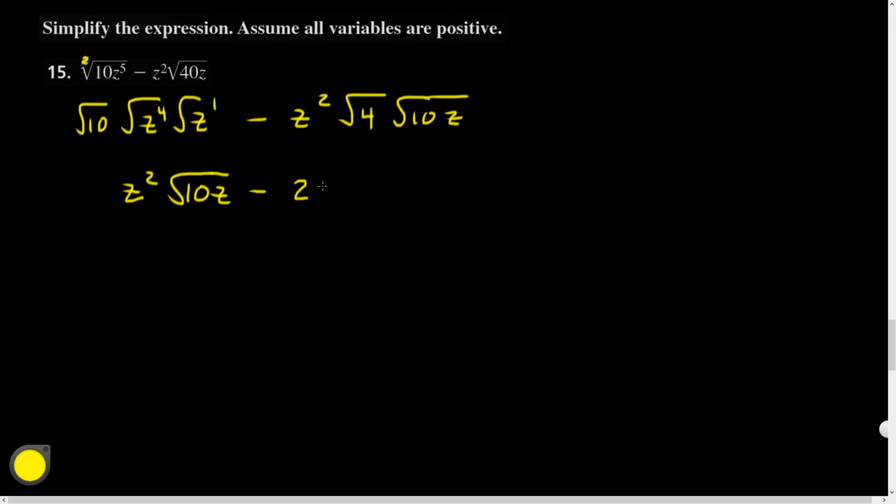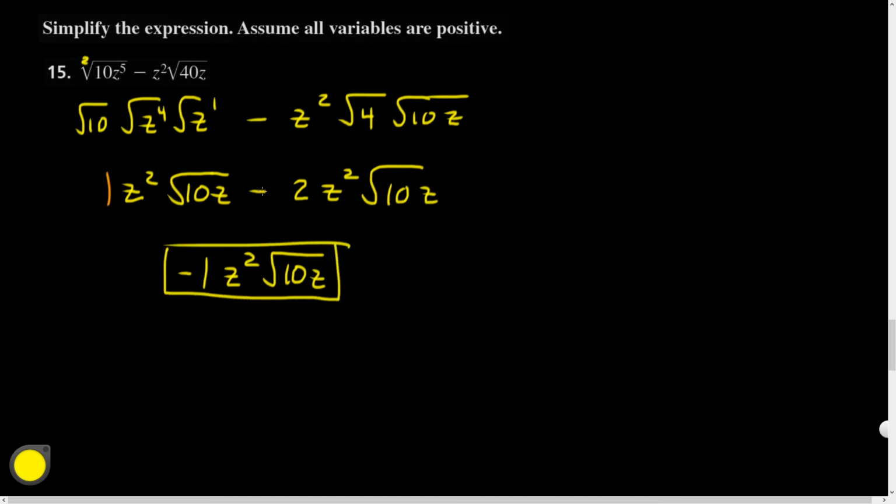Oh man, my 2's and z's always looking the same. 2z squared still there, and times the square root of 10z. And now I can just combine these. These are like radicals. So here's 1z squared root 10z minus 2z squared root 10z. And so I'm going to have negative 1 z squared root 10z. So yeah, the 1 and the negative 2 kind of behave like coefficients.